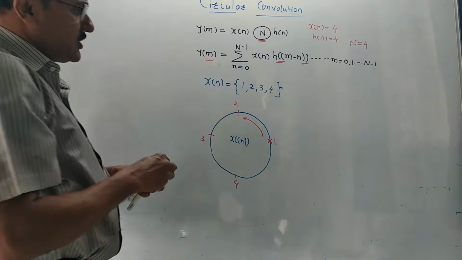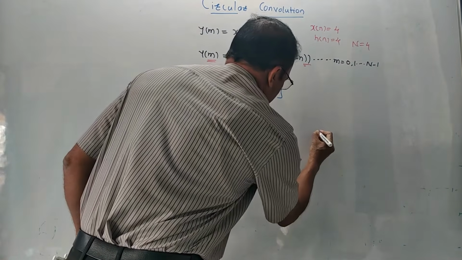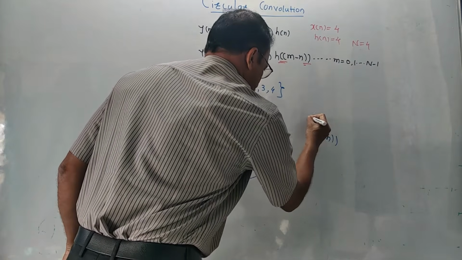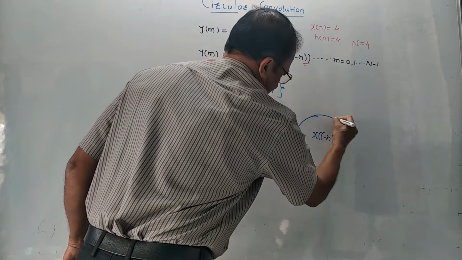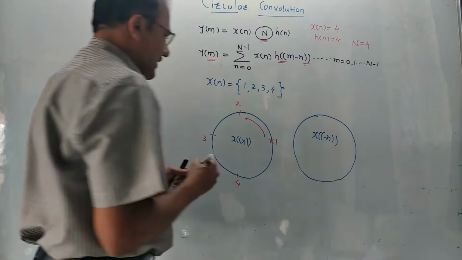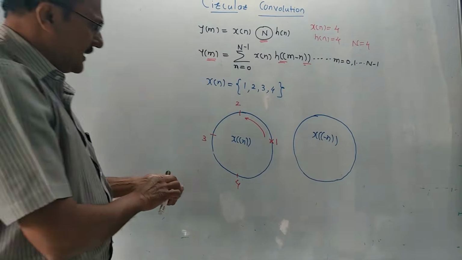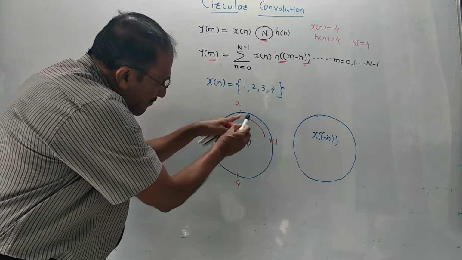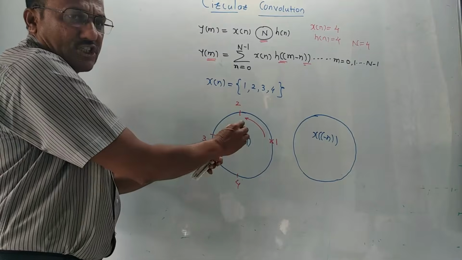Now, one more variation is there, that is x of double bracket minus n. It is called a folded sequence. What we learned in the previous case: if the sequence is x of n, take this as a starting point and mark the samples in anti-clockwise direction.